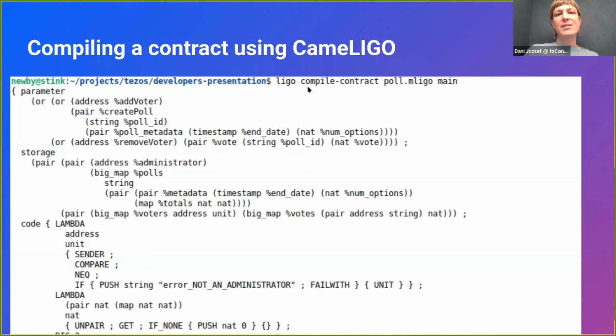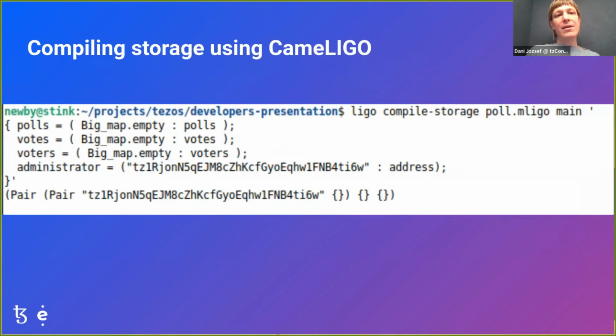You use the LIGO command line, and there's compile contract poll.mligo, which is the smart contract we are compiling, and main is the function that we are compiling, and it will output the Michelson. So you can pipe this into a .tz file, which is a Michelson file, and then use it to deploy. Then with LIGO, you need to compile the storage separately.